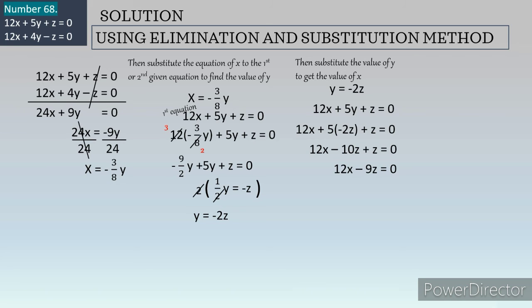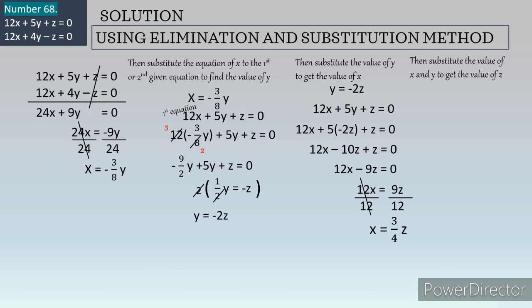And then we move the negative 9z to the right side, and then we have 12x equals positive 9z. Divide both sides by 12 and cancel, and now we have x equals 3/4 z.